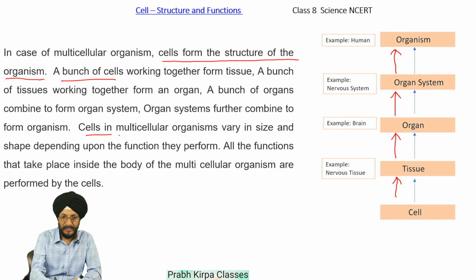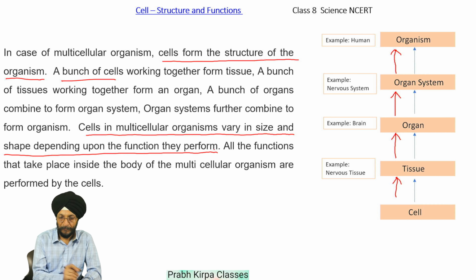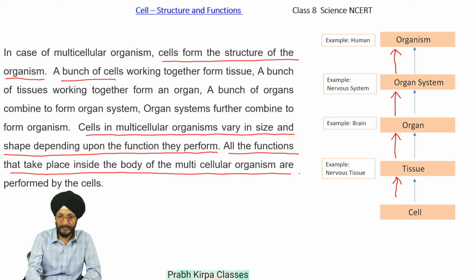This happens in the case of multicellular organisms. Cells in the multicellular organisms vary in size and shape depending upon the function they perform. All the functions that take place inside the body of the multicellular organism are performed by the cells.